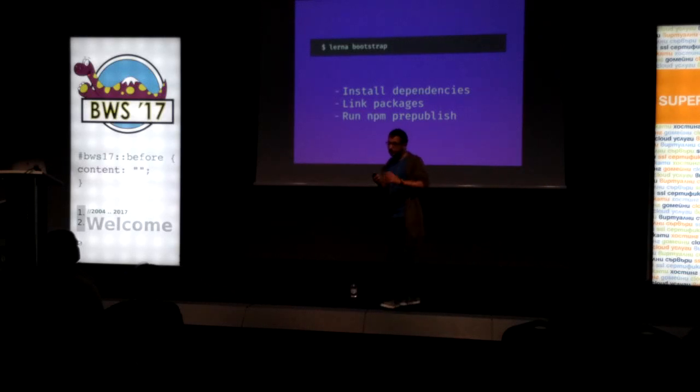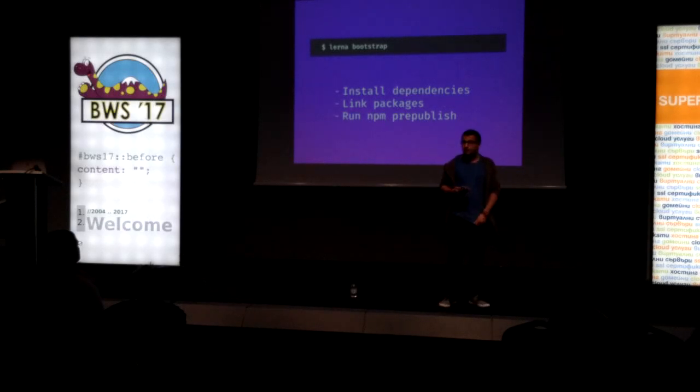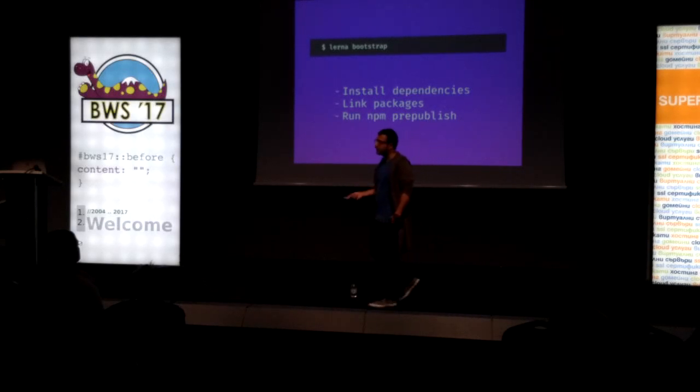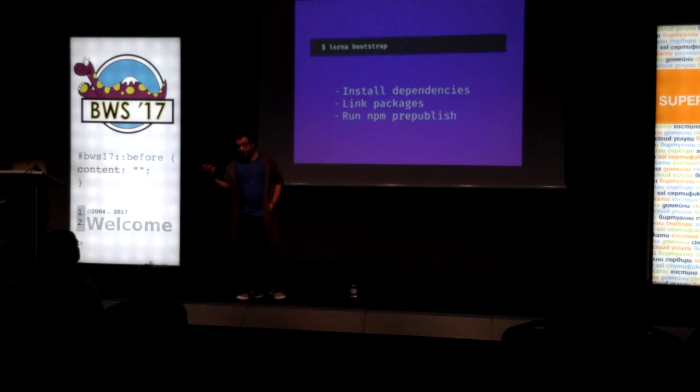That's just one single command. And it links all your packages together so you can depend on them while working. You can use your working copy while developing. And it will run the npm run prepublish script so the modules can init themselves.